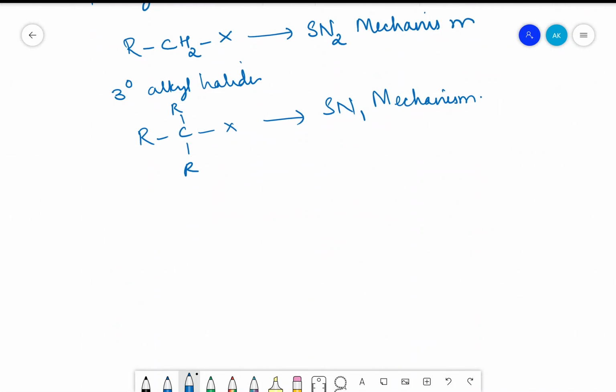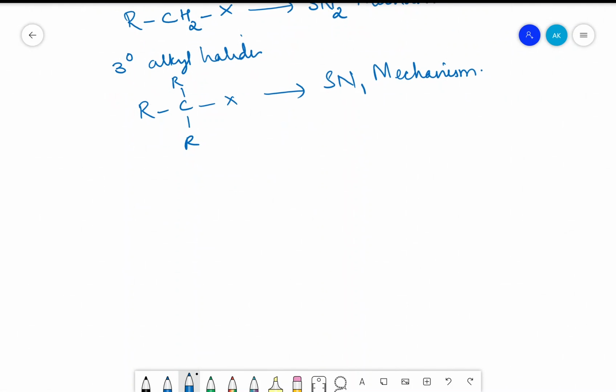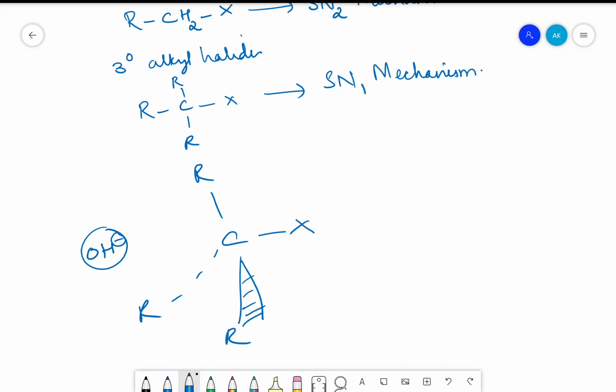And also the simple logic. If you want to show SN2 mechanism in a tertiary alkyl halide, for example, this is your R3C, showing the configuration of your R broken, if the incoming nucleophile comes by this attack, it is difficult to attack because of the crowding of R groups, that is steric hindrance.